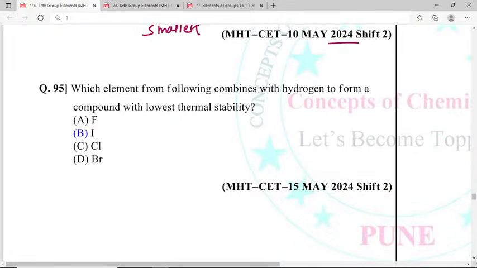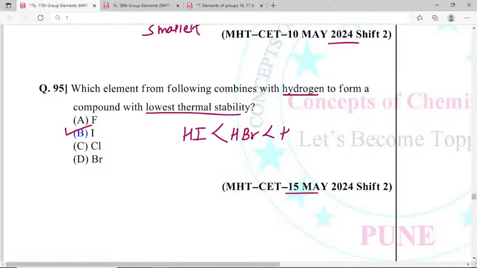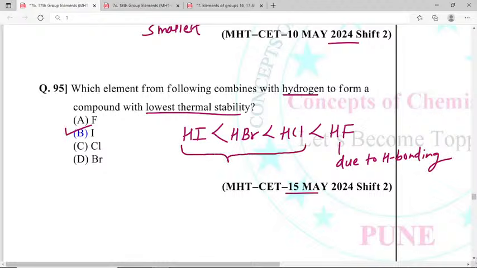Question number 95. Hydrogen halides, lowest thermal stability: HI has the lowest thermal stability, then HBr, HCl and HF. Why? Due to hydrogen bonding. All these are gases and HF is liquid.